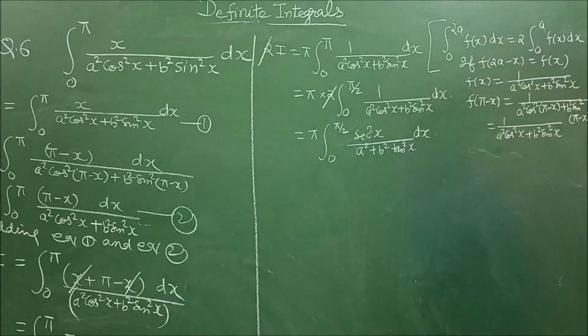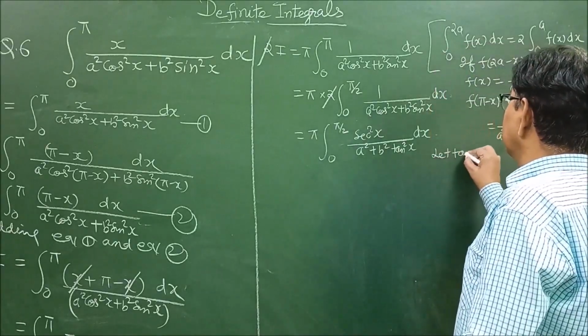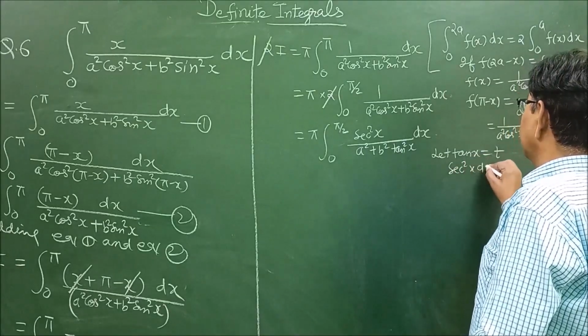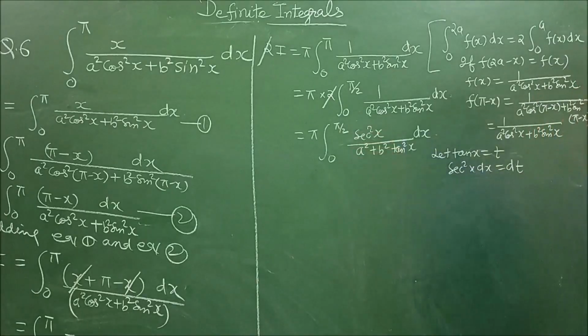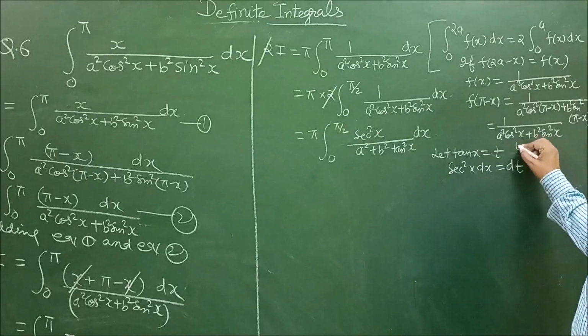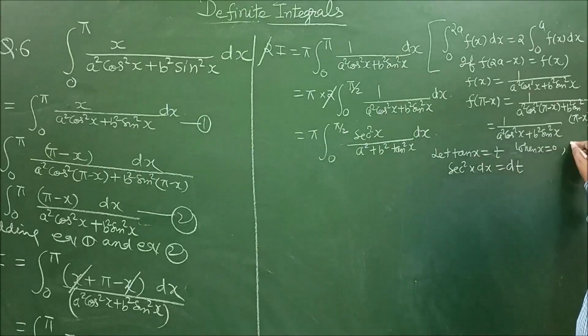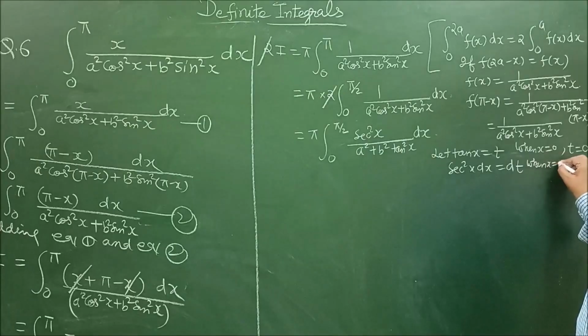Now let tan x be equal to t. This gives us sec square x dx is equal to dt. Changing the limits, when x is equal to 0 the value of t is 0, and when x is equal to pi by 2 the value of t is equal to infinity, because tan pi by 2 is equal to infinity.